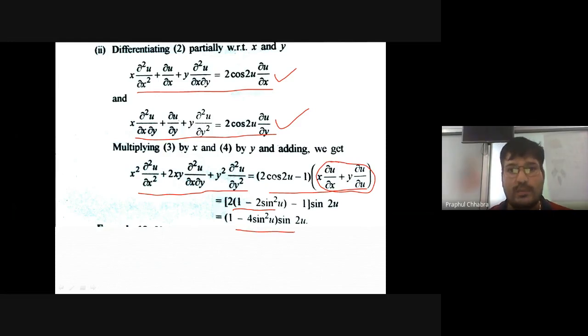So the second part will be proved by using the first part which we have already done. We just differentiate the first expression partially with respect to x, get the result, and with respect to y, get the result. Multiply the first by x, the second by y, then add both expressions. We will get this result.